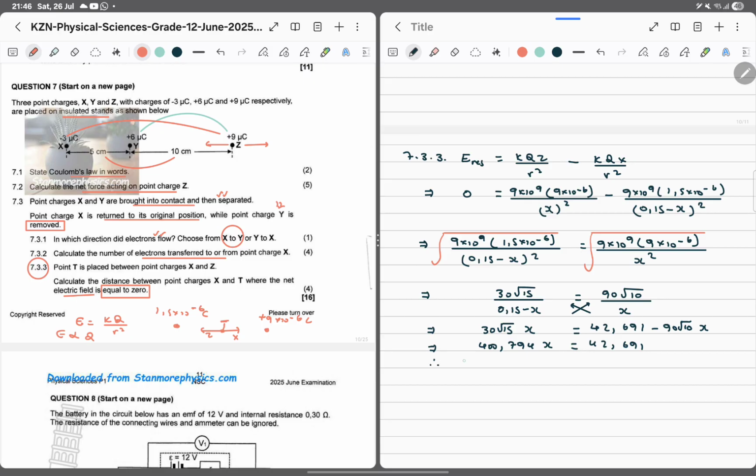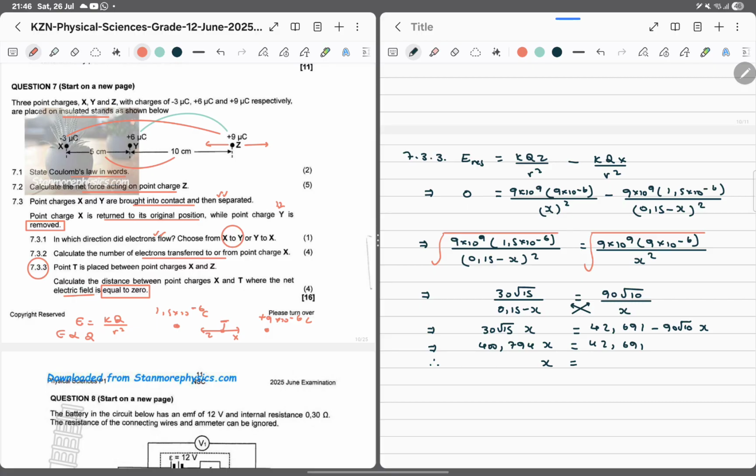So we know that therefore x is going to be, oops, the calculator wants to fall, so I'm going to say 42,691 divided by 400,794.